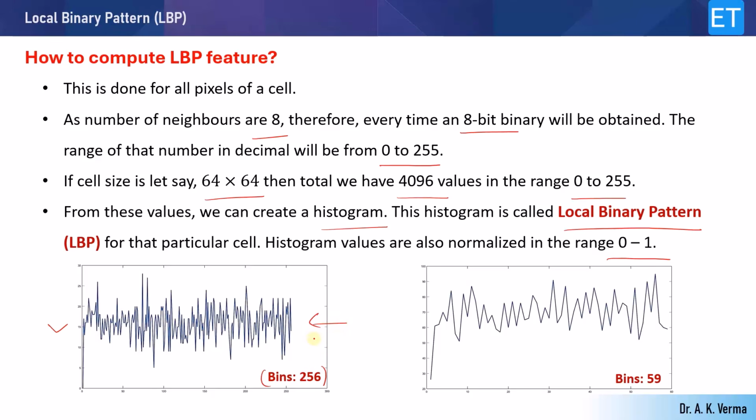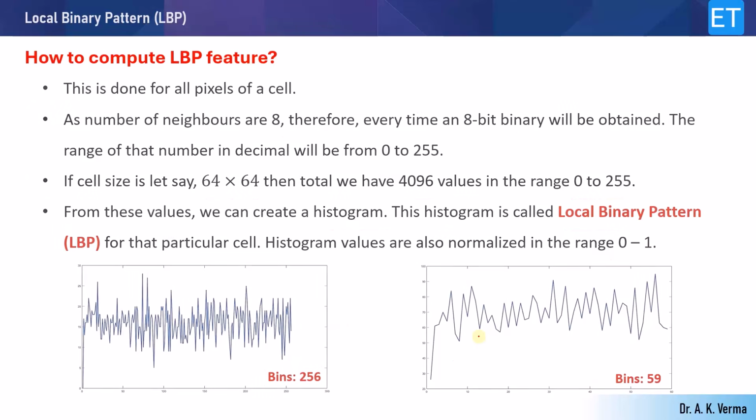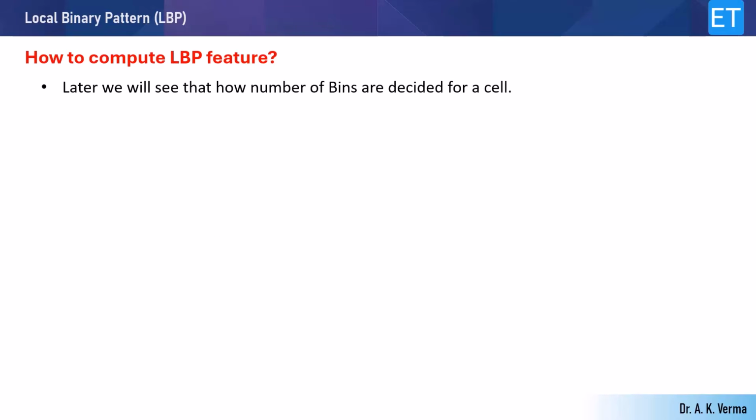Again, I have flexibility to consider a different number of bins. For example, if I consider a bin size of, let's say, 59, that is possible by clubbing several values inside a single bin. So I will get this type of histogram. How these bins are selected, I will show you later.